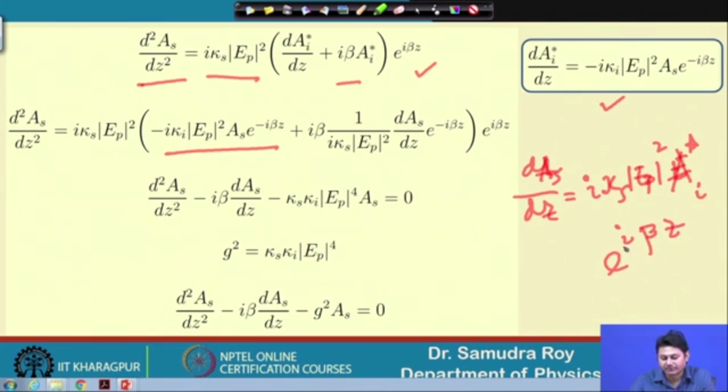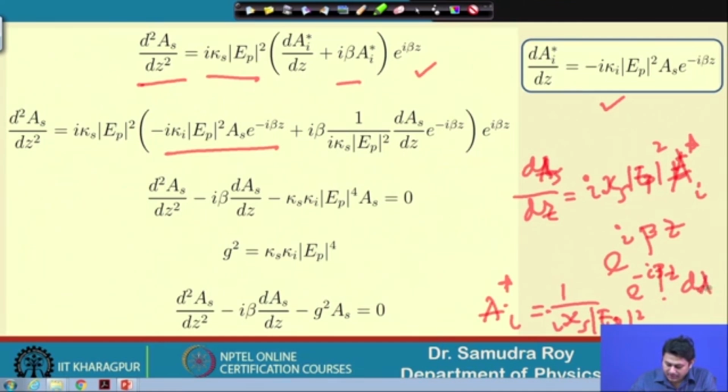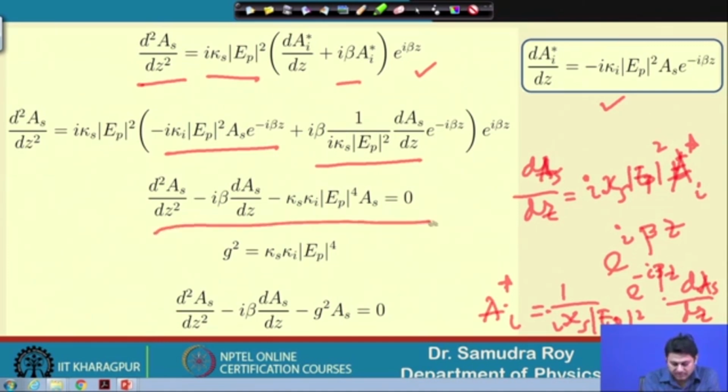That was the expression we have for A s. Now, I will replace this A I star as simply 1 divided by I kappa s E p square, e to the power of minus I beta z, multiplied by dA s dz. I will replace this term here. If I replace this term, this is the term after replacing. Now, you can simplify these things, and when I simplify, we find this is the differential equation we have in our hand.